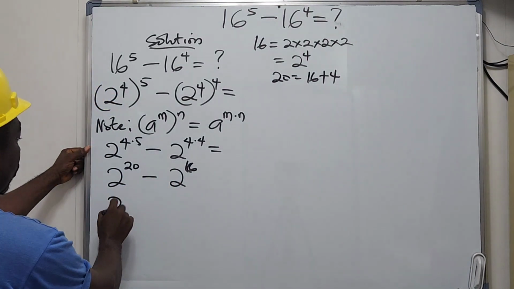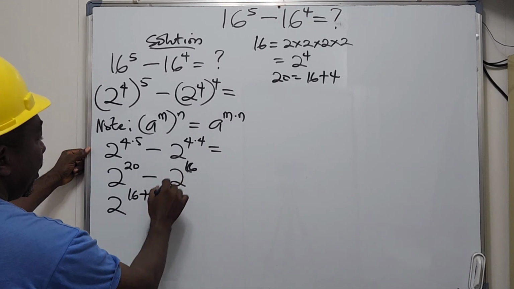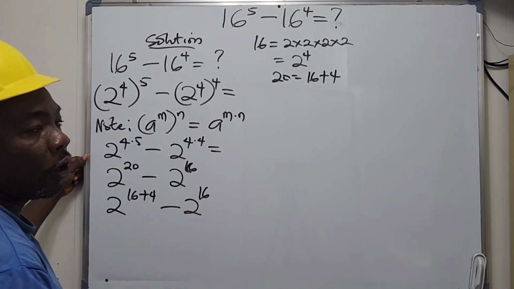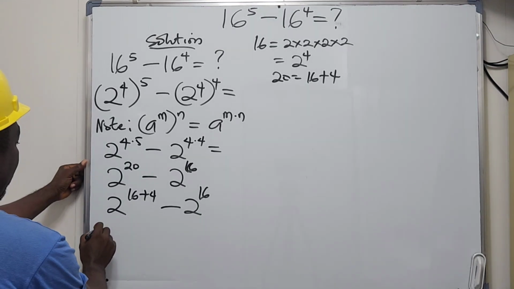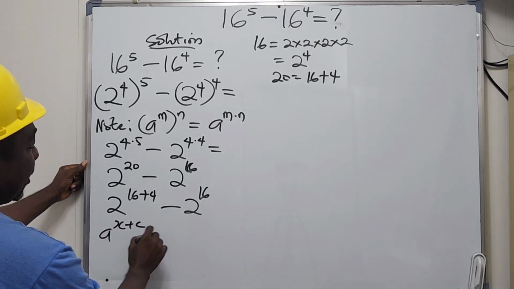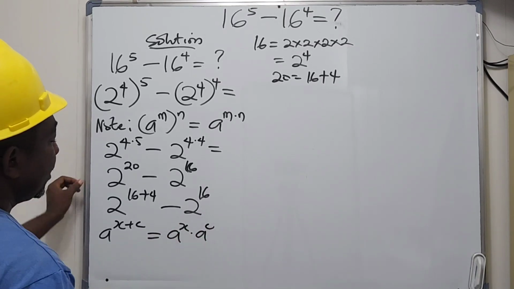So this will give us 2 to the power of 16 plus 4, then minus 2 to the power of 16. Here we recall another law that says a to the power of x plus c is the same thing as a to the power of x times a to the power of c.